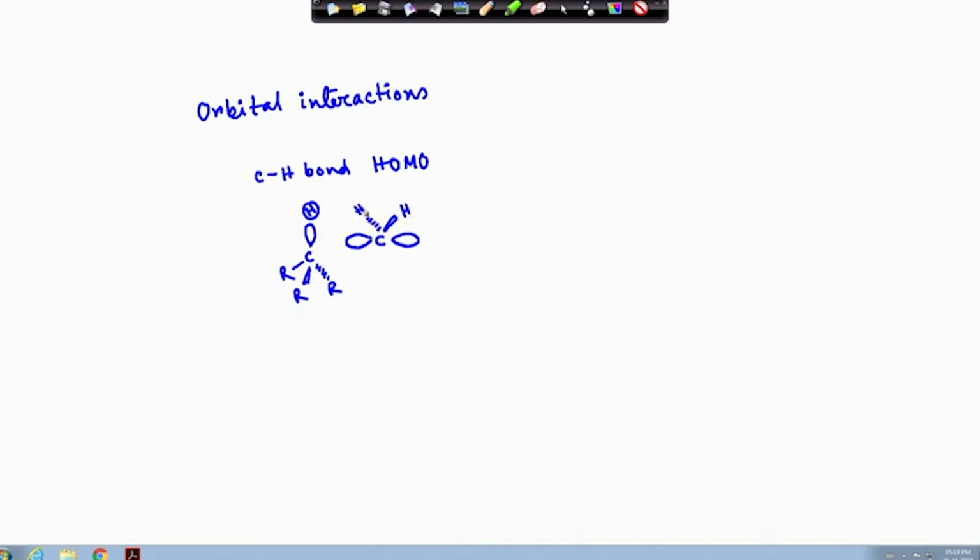In one of the previous lectures I explained what this sideway approach is. This is the empty p orbital and this is the filled sigma. Now we see the bonding interaction that can happen with this as well as with this. So, this is the CH bond HOMO.